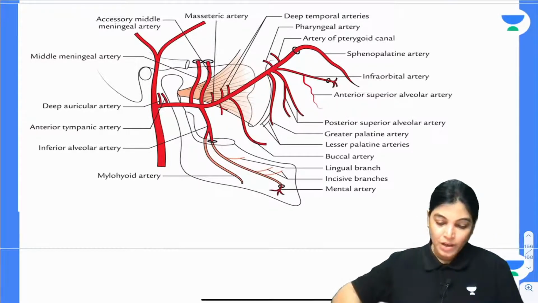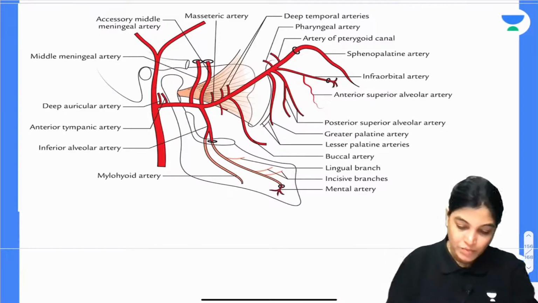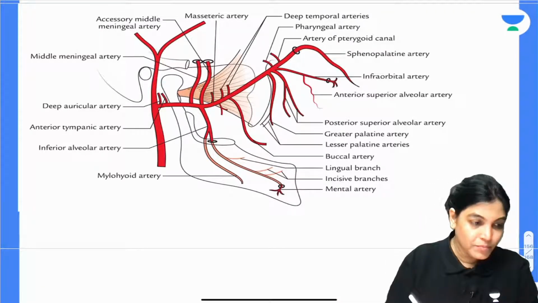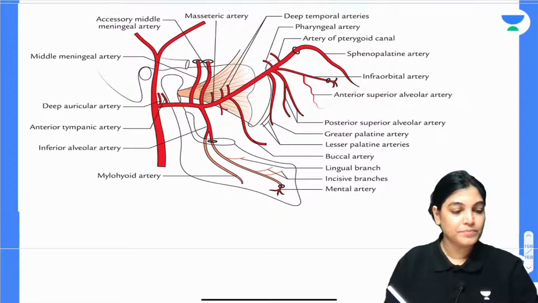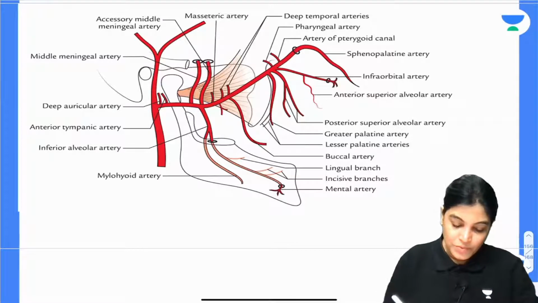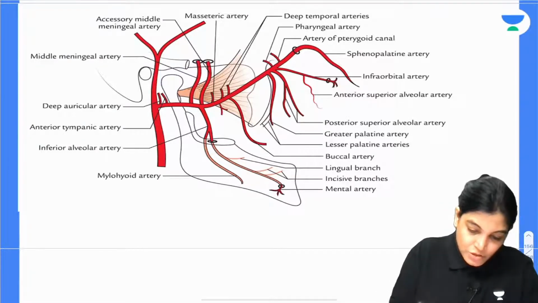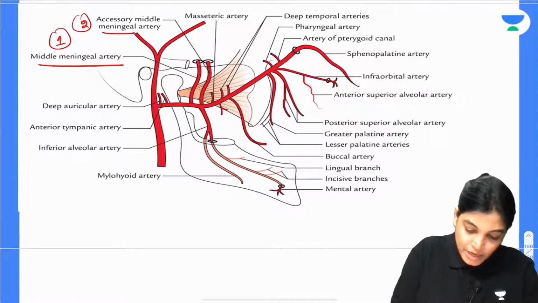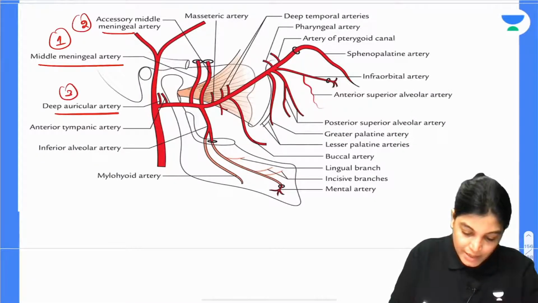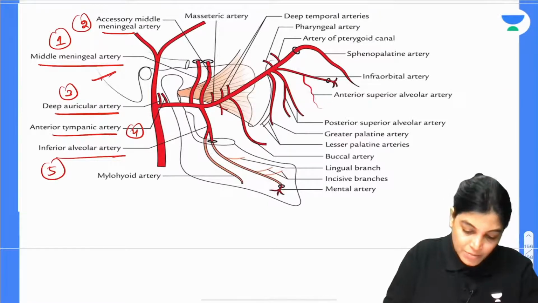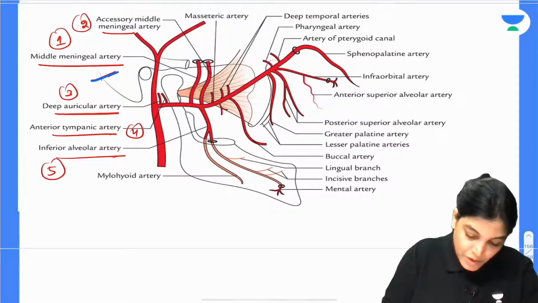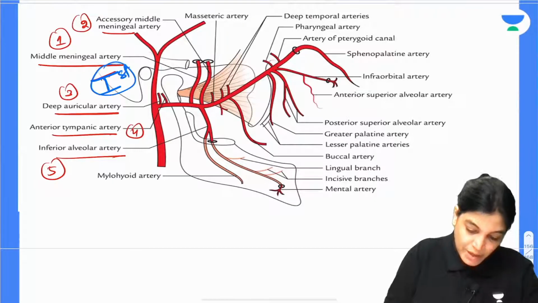Now seeing the first part branches: middle meningeal artery, accessory middle meningeal artery, deep auricular artery, anterior tympanic artery and inferior alveolar artery. These 5 are the branches from the first part of the maxillary artery.